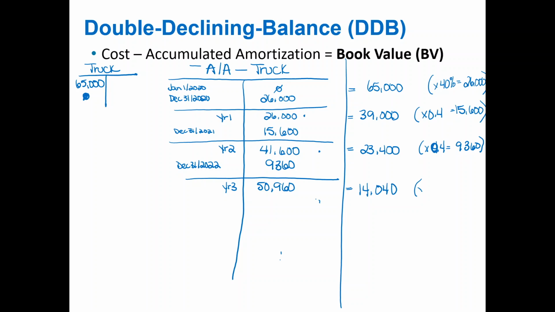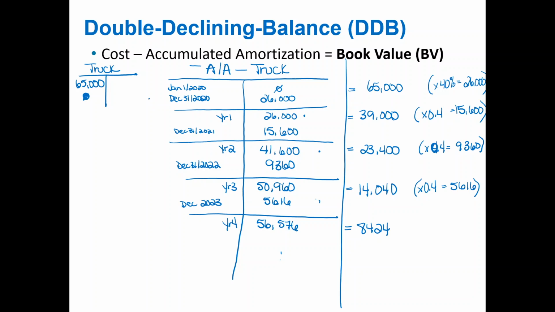Again, using that book value times our 40% rate is 5,616, which would be booked in December 2023. Our updated accumulated balance is 56,576 at the end of year 4, and our book value at that point is now 8,424. This is where we really need to be paying attention.